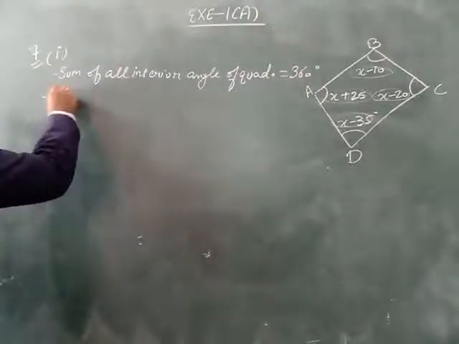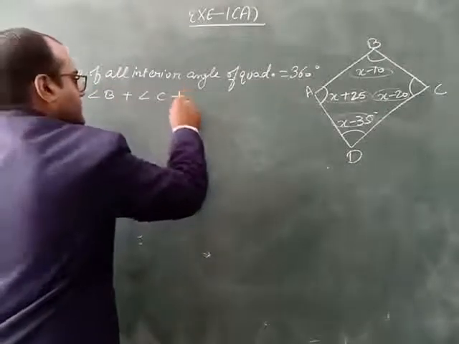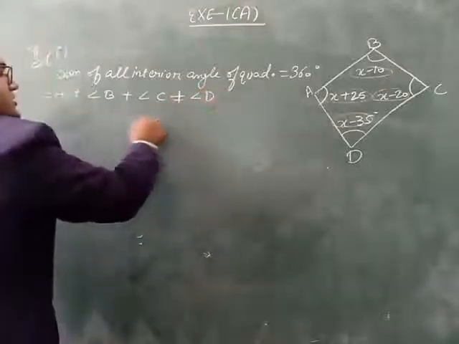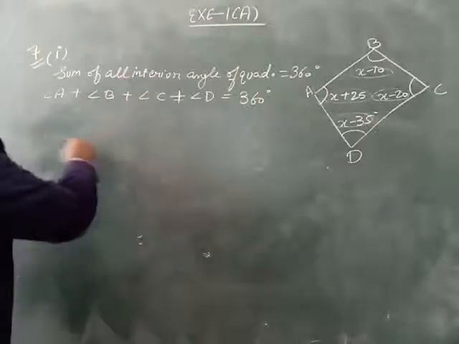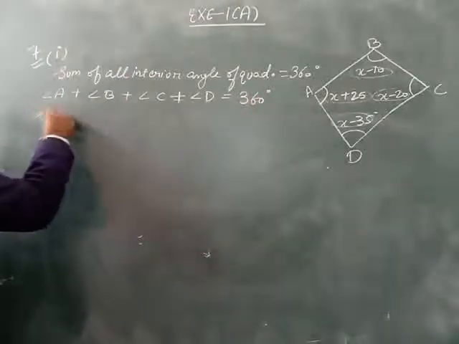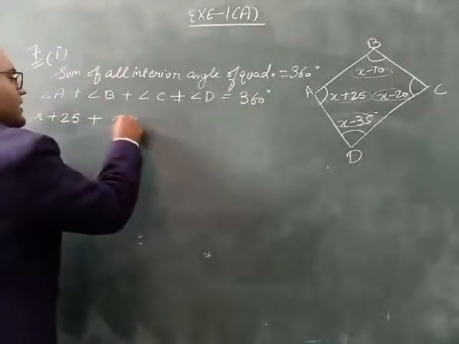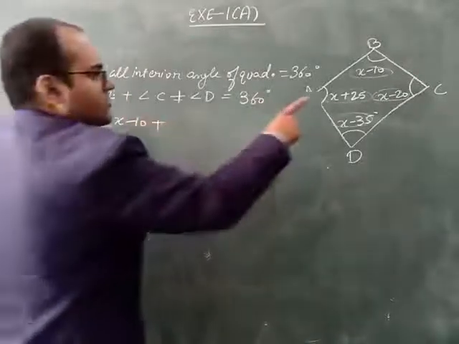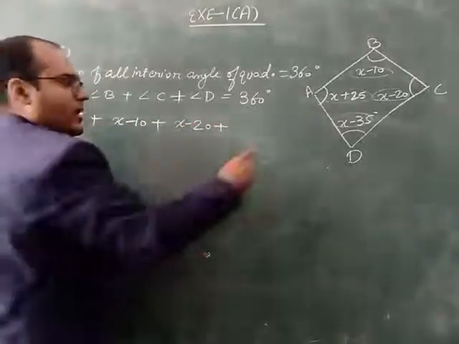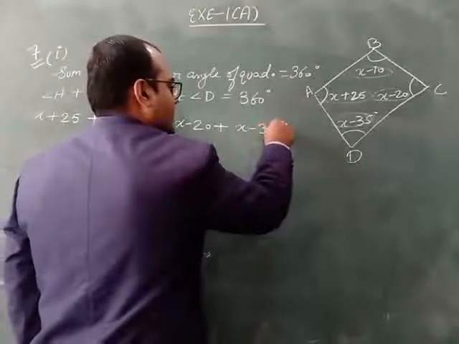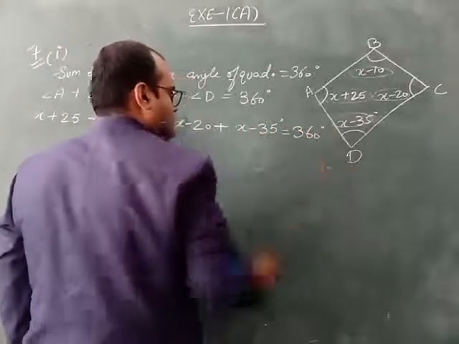Now angle A is the first angle plus angle B plus angle C plus angle D. The sum of all these four angles is equal to 360. Now the value of A is x plus 25, plus B value x minus 10, plus C value x minus 20, plus D value x minus 35, is equal to 360.